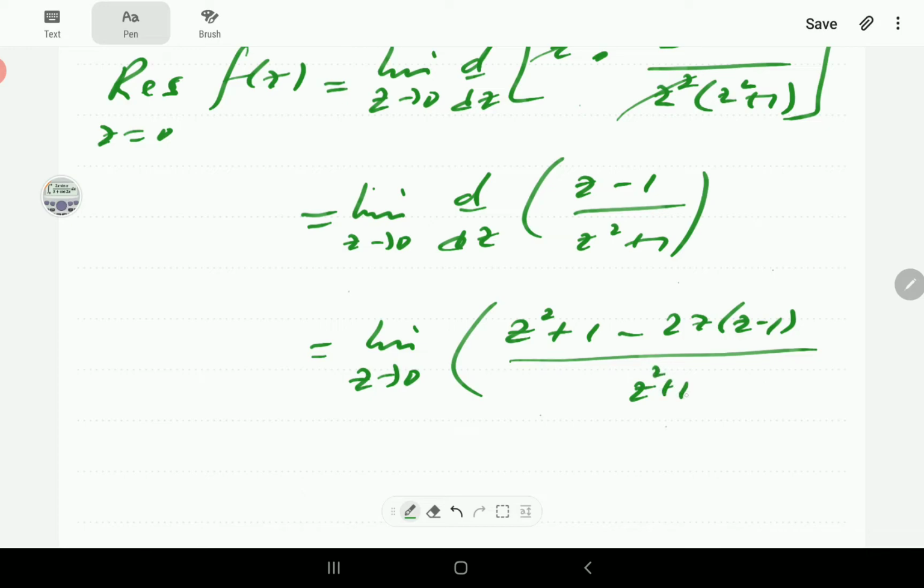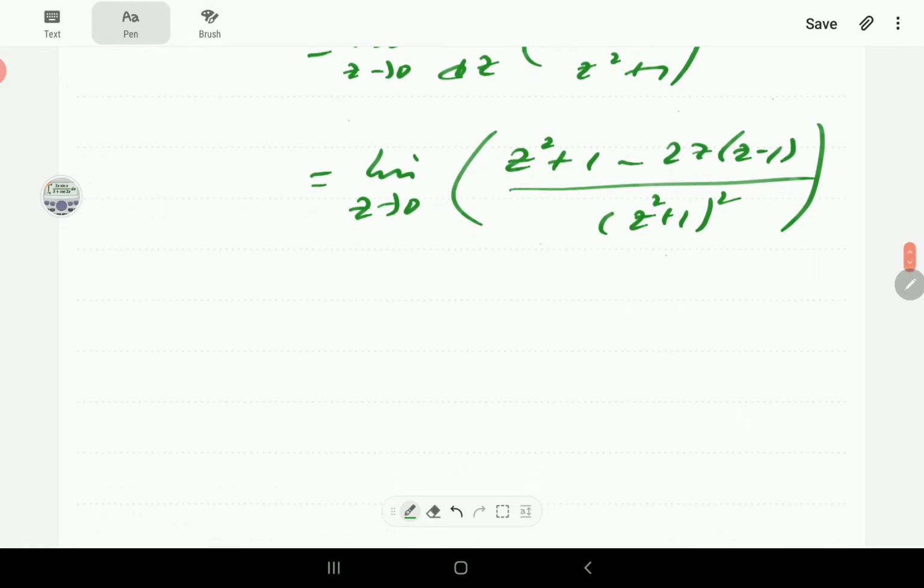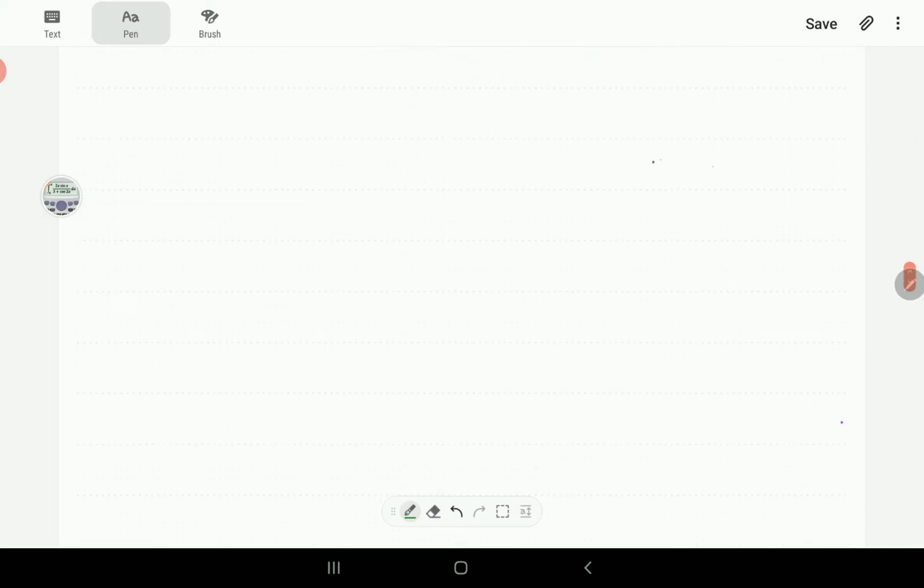And then in the denominator, we're going to get z squared plus 1 all squared. Notice that we are not necessarily going to have to simplify this. At this point, we can simply plug in z equals 0. So this whole term is going to be 0. So only 1 is going to remain. Plug in z is 0 in the denominator, that's going to be 1 as well. So that tells us that the residue is going to be 1.